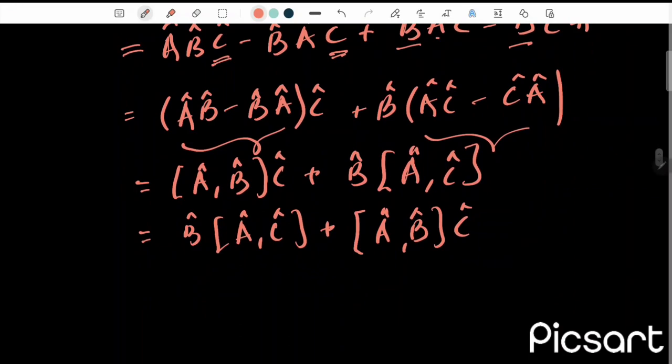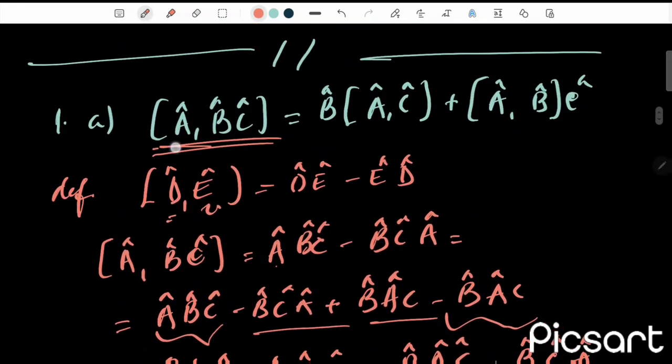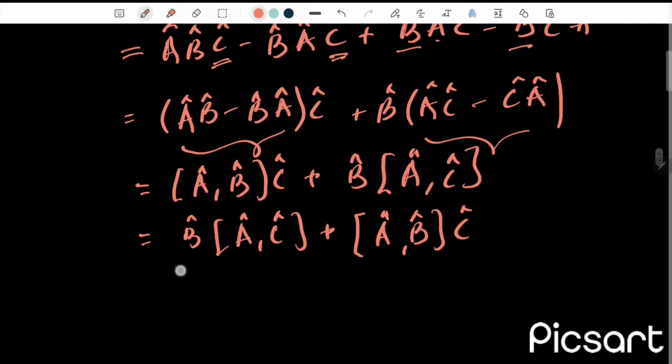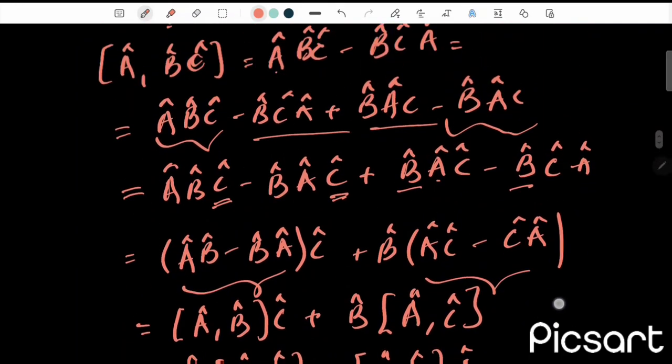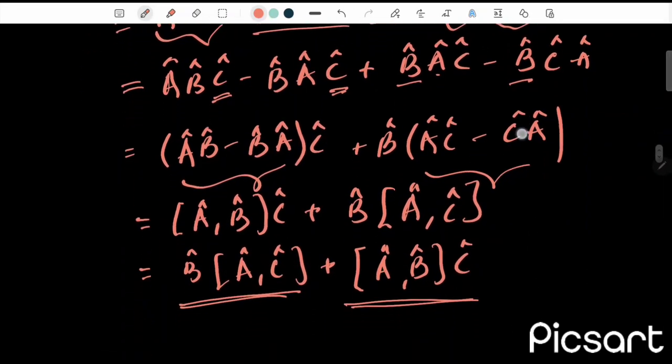Okay, then we have shown now that we have this identity equal to this one, as we have here, this equal to plus this, which is equal to this identity.